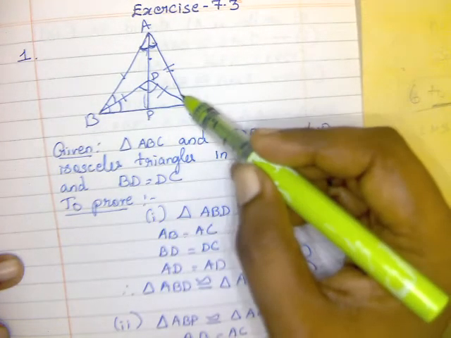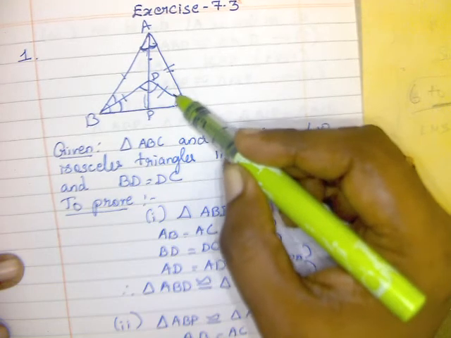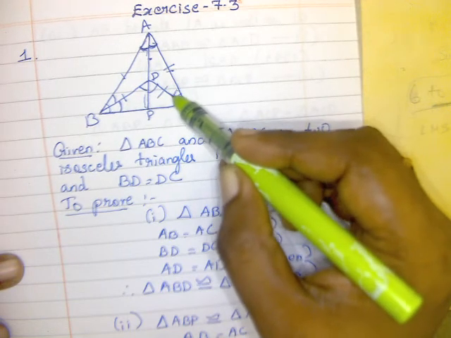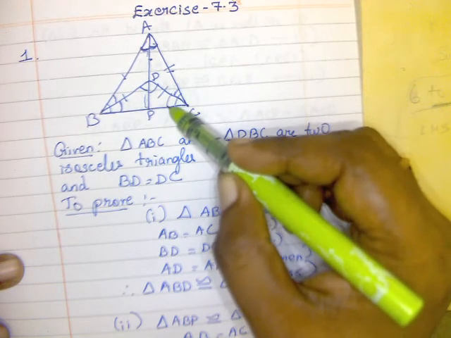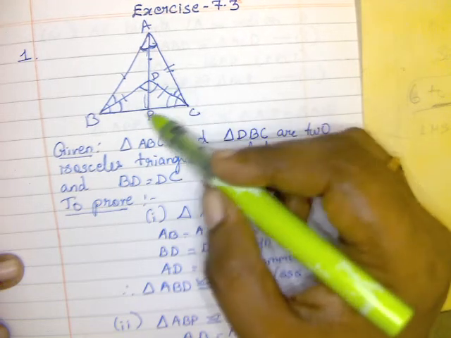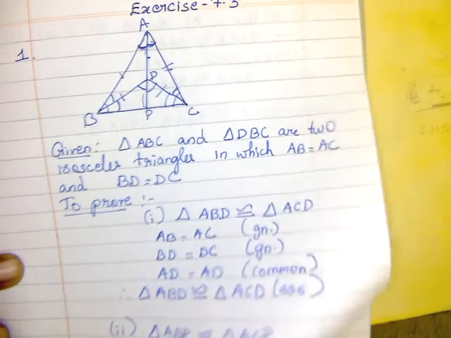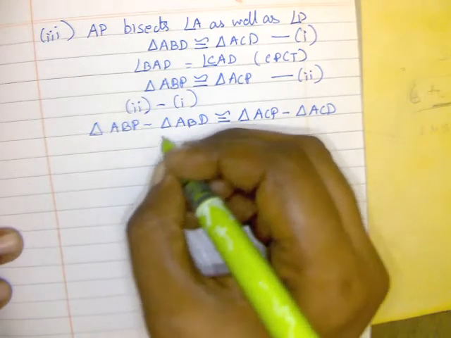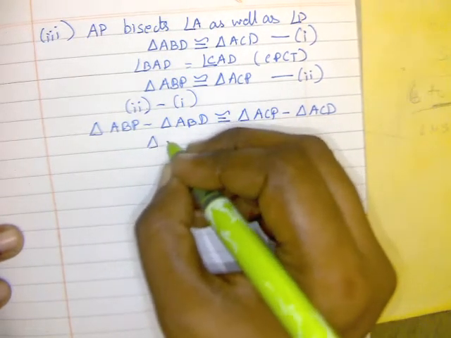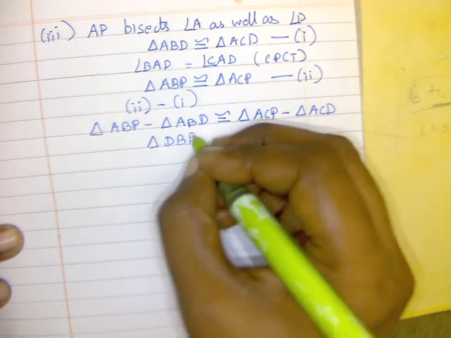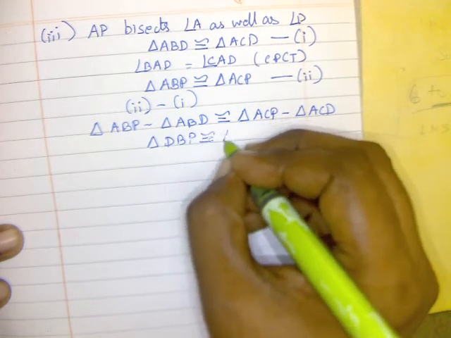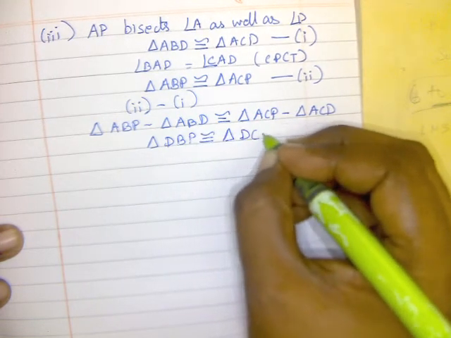DBP. Same here, angle ACP. If you subtract this angle, you will get angle DCP. So what are we going to write here now? Triangle DBP is congruent to triangle DCP.